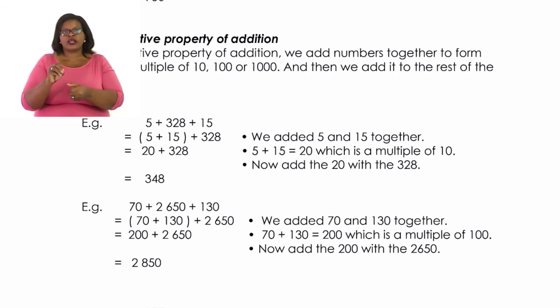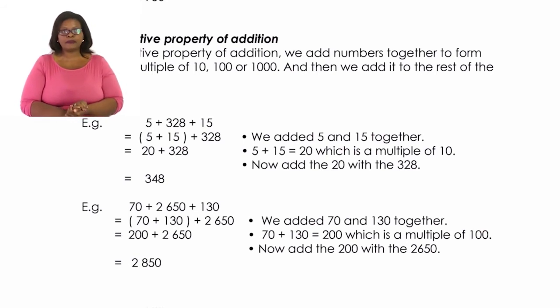And then we add it to the rest of the numbers. Let's read again. In associative property of addition, we add numbers together to form either a multiple of 10, 100, or 1,000, and then we add it to the rest of the numbers.